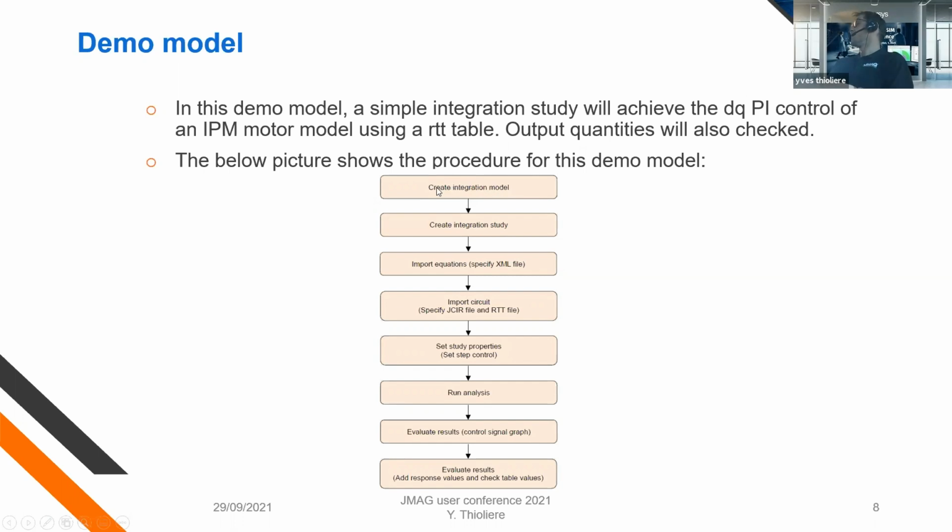You need to create not a shape, not an express model, but an integration model, an integration study. Because here we will have some control, I need to import some variables, some equations. So you can import, as usual in JMAG, some equations. It is, of course, prepared for the demo. The circuit I will also import, also prepared for the demo. Then I have just some studies and step control to specify, and then run the calculation and evaluate the results. So you see there is no shape creation.